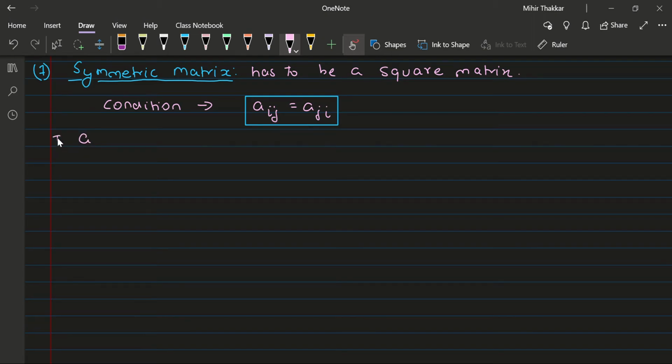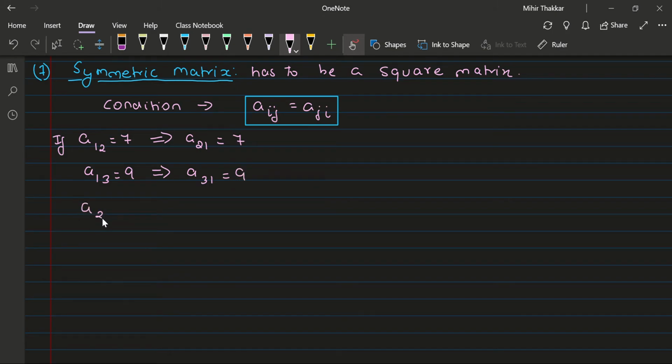If A12 is equal to 7, this implies A21 should also be 7. If A13 is equal to 9, then A31 should also be equal to 9.